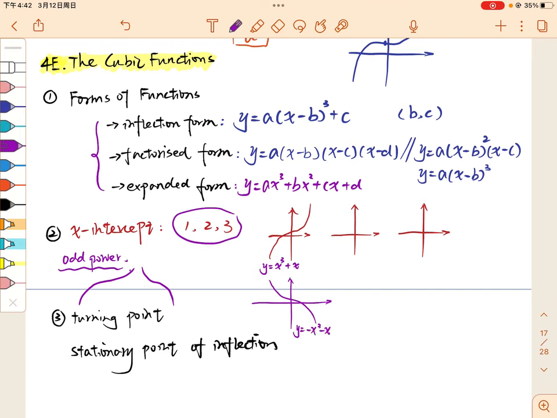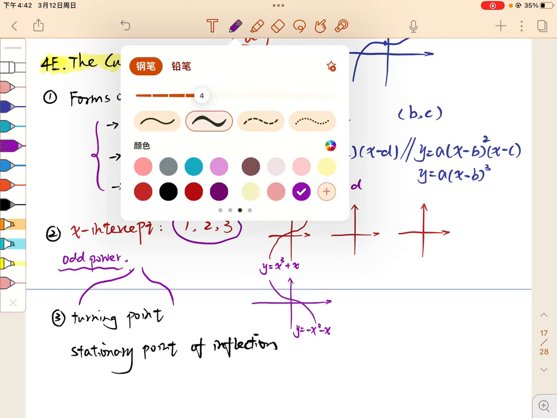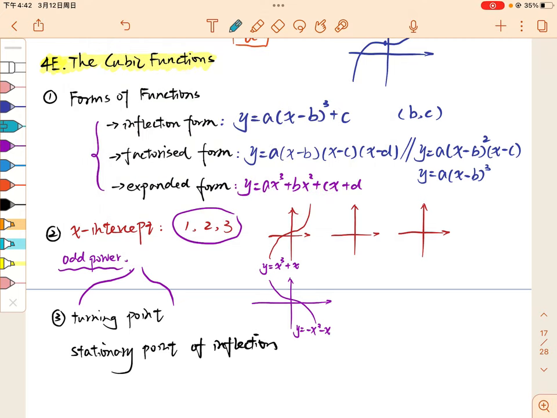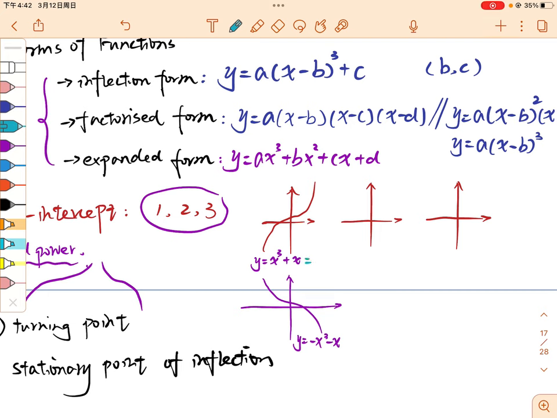And how do we know that there is 1 intercept? You try to factorize it. So for x to the power of 3 plus x, you can factorize x outside, which gives you x times (x squared plus 1). So this is the point where you can have 0 value to make the whole function equal to 0.